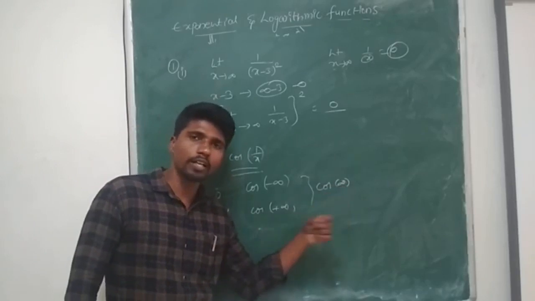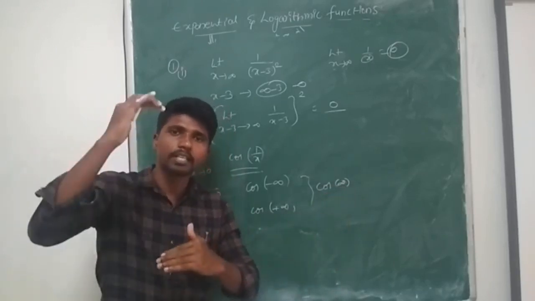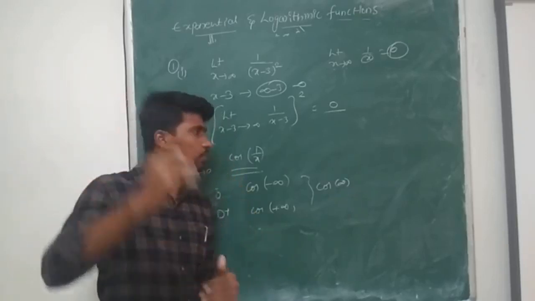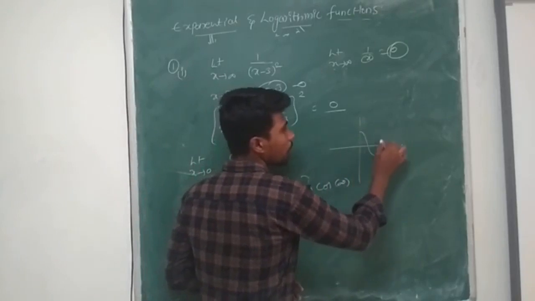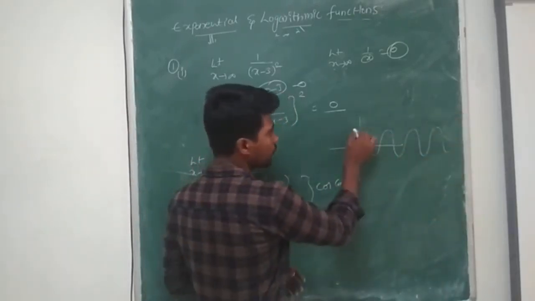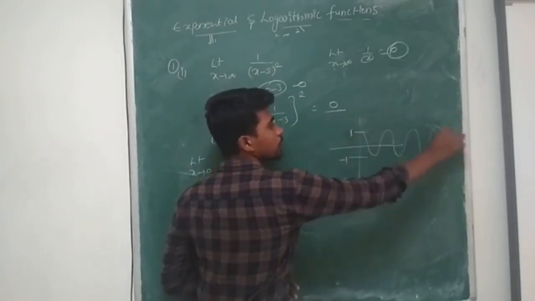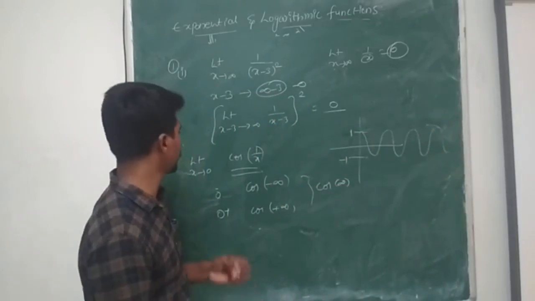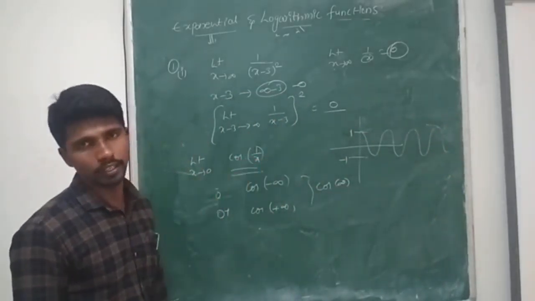So we are not getting a particular value, we are getting a value which fluctuates in between minus 1 and plus 1. The graph of cos fluctuates in between plus 1 and minus 1. So we can say the limit of cos 1 by x where x tending to 0 does not exist.